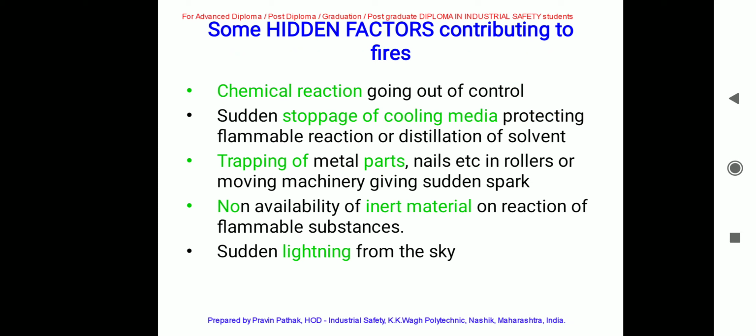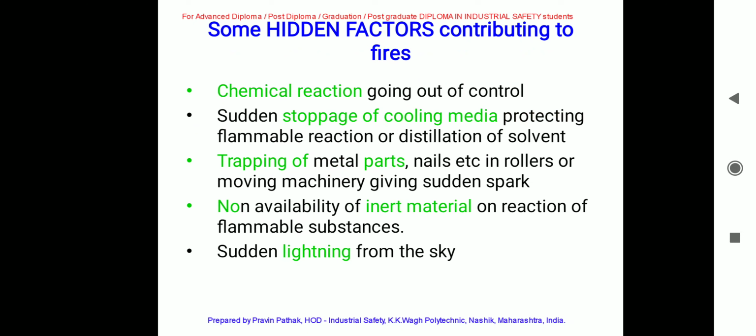Now there are some hidden factors contributing to fire. First, chemical reaction. We can't visualize this reaction, how the reaction proceeds, what the rate of that reaction is, how much heat is released from that particular reaction, or whether the reaction is exothermic or endothermic.